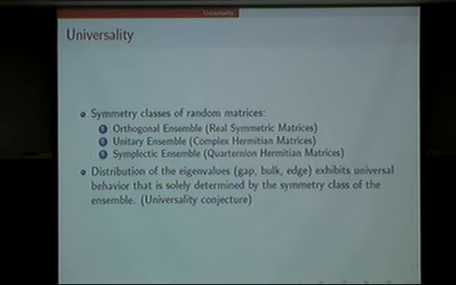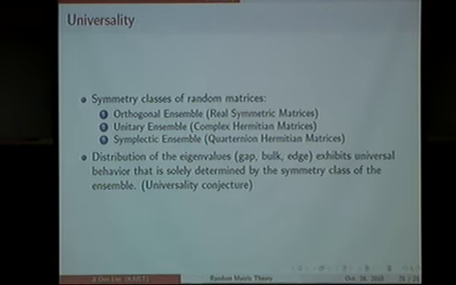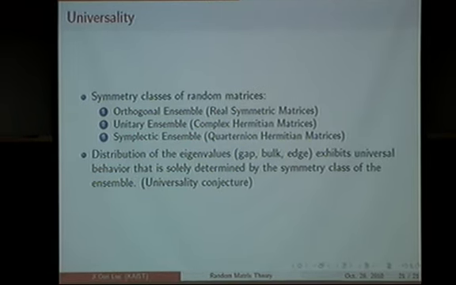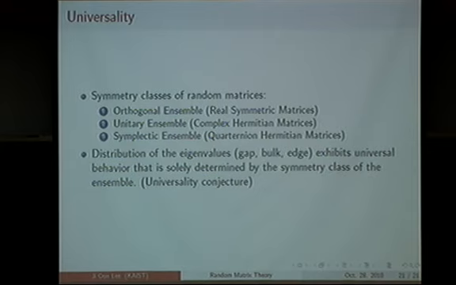Okay, so the final slide, which is the most important slide of all, is the universality. The universality means that, first, we can consider different classes from the symmetry of the random matrix. So the first one is, as I told, the orthogonal ensemble, which means the real symmetric matrices.